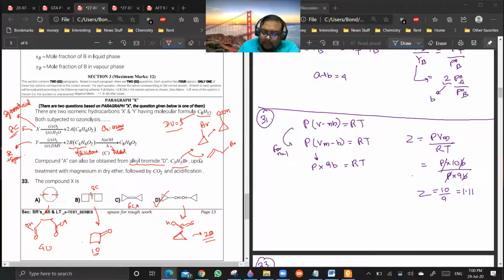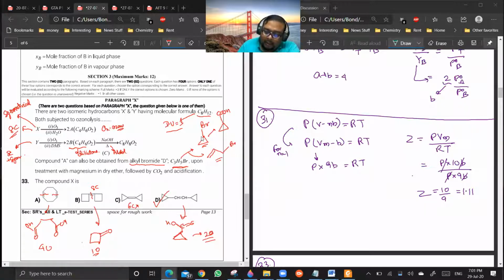The alkyl bromide C3H5Br upon treatment with magnesium in dry ether, followed by CO2 and acidification. So you see C3H5Br, I can write it like this. Degree of unsaturation is 1 in both cases.